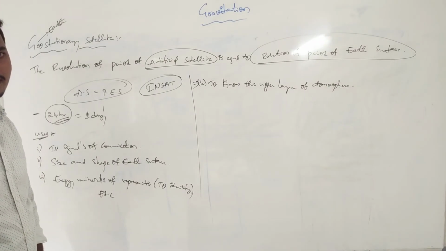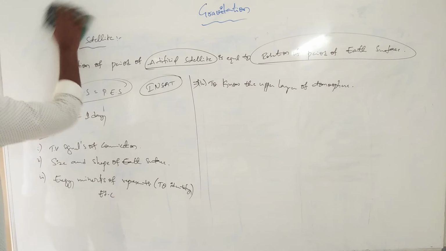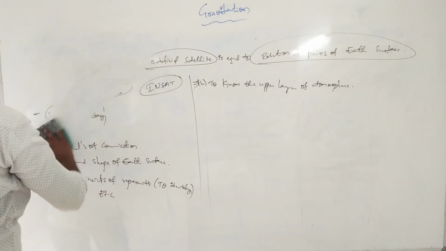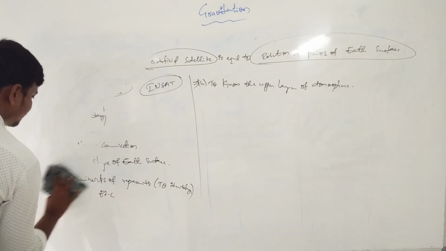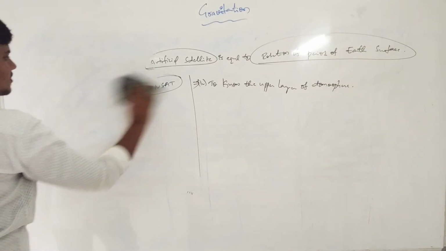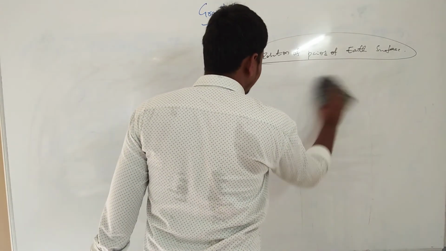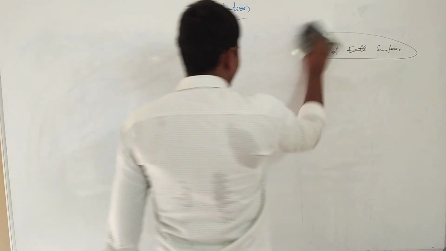Okay. Now the next one, polar satellite. What is a polar satellite? A low altitude satellite is known as a polar satellite. What is low altitude? Altitude, as we covered in our previous class also.